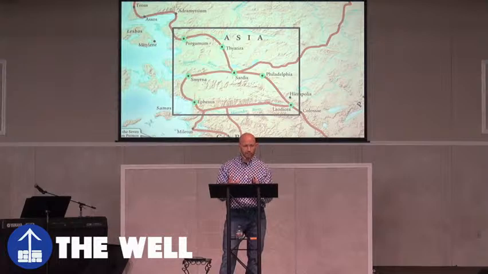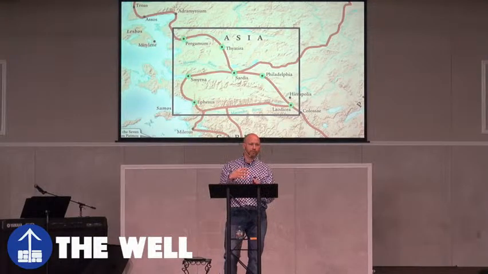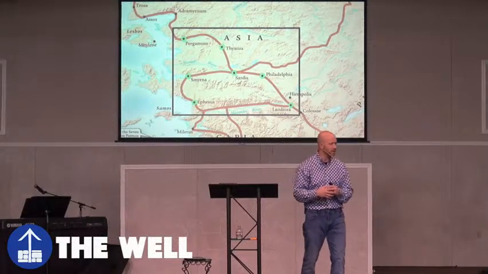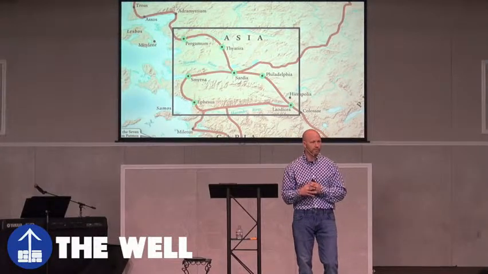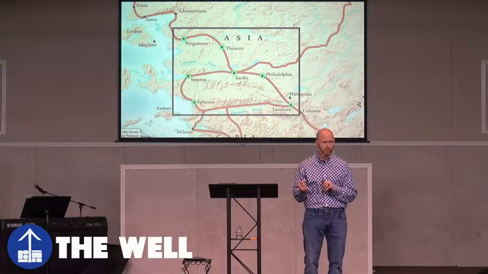And so we need to understand these are intended for these seven churches, and we have to interpret it as if we were one of them. Okay? A lot of times Revelation is portrayed as a mystical book that can only be unlocked in the end of days. That is like the antithesis of truth.